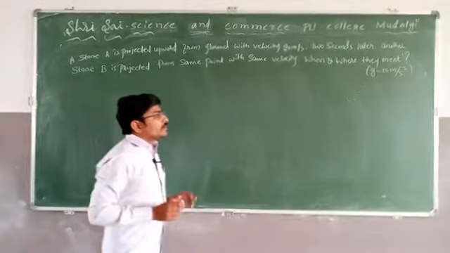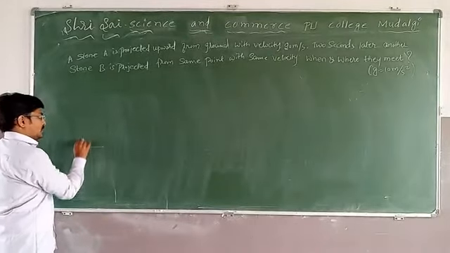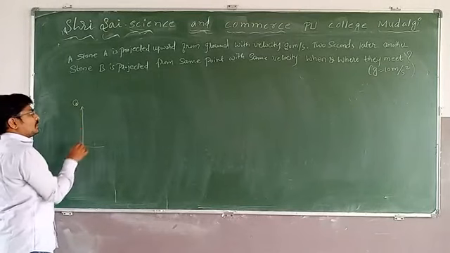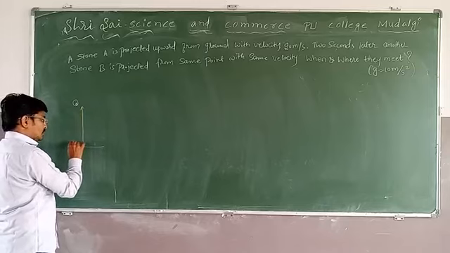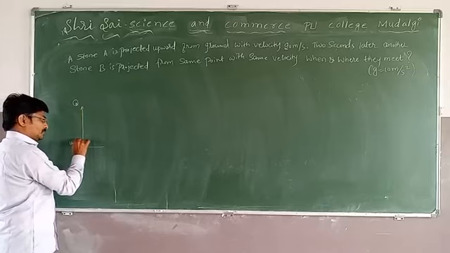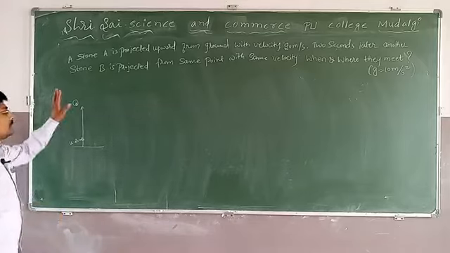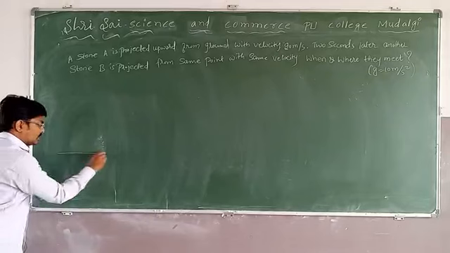Okay, that's why they consider this. They throw stone A with a certain velocity. How much velocity? u is equal to 20 meter per second. See, it is the ground.